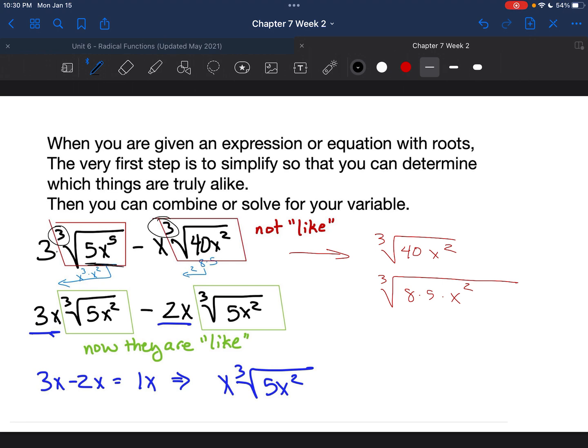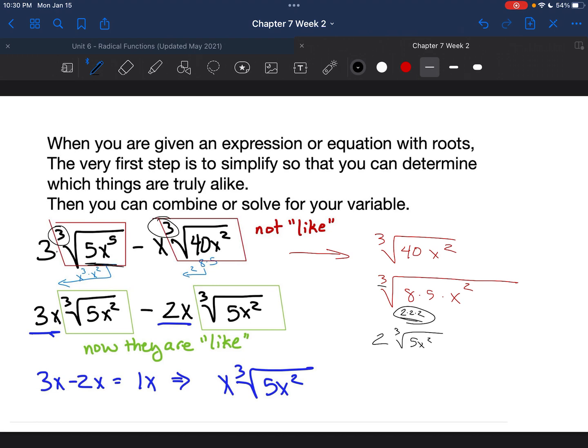So I'm taking the cube root of 40x squared over here, and I'm going to write it out in its factored form. So I've got 8 times 5 times x squared, and 8 is 2 times 2 times 2. So I need 3, and I have 3. I'm going to pull out this 2 and be left with 5x squared underneath. Okay, nothing else I can pull out. So then let's go look. I've got 5x to the 5th.